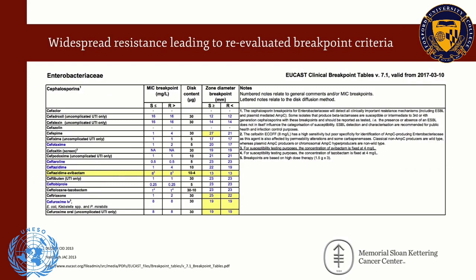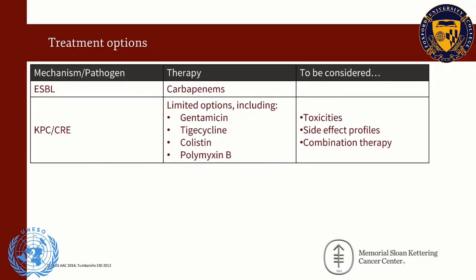The emergence of widespread resistance among Enterobacteriaceae, as well as other gram-negative organisms, prompted the Clinical and Laboratory Standards Institute, abbreviated CLSI, and its European counterpart, EUCAST, to reevaluate the breakpoint criteria for determining susceptibility of organisms to several antimicrobials.